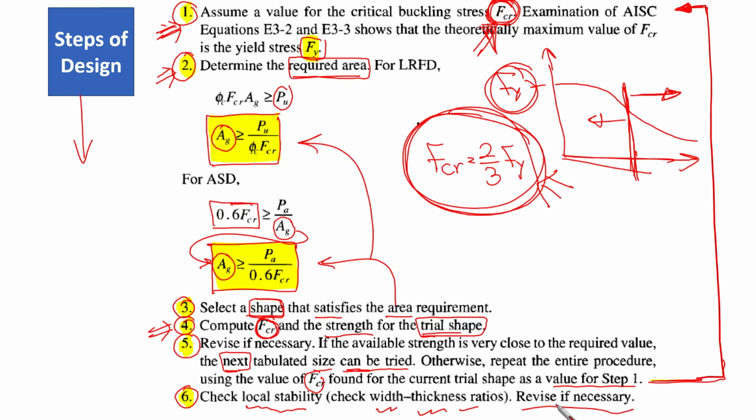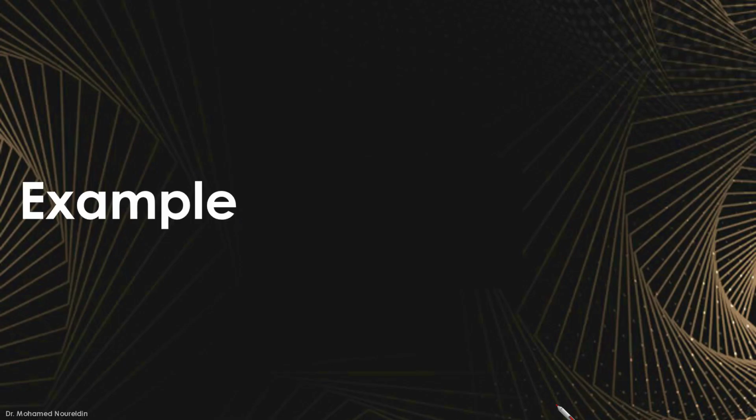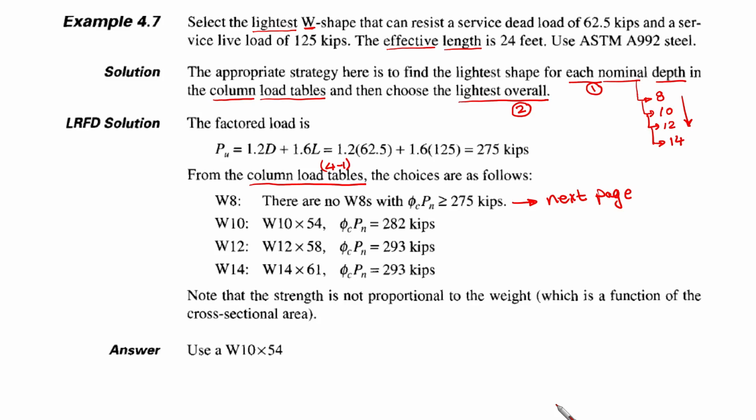Now I think that we are ready for our design example, in order to know more about the design steps. Let's go for the example. The first example is like this.